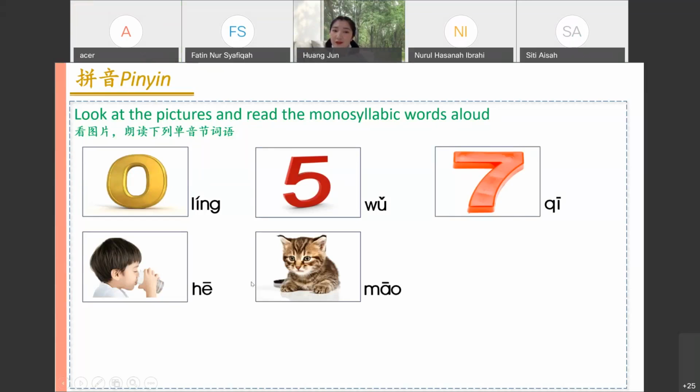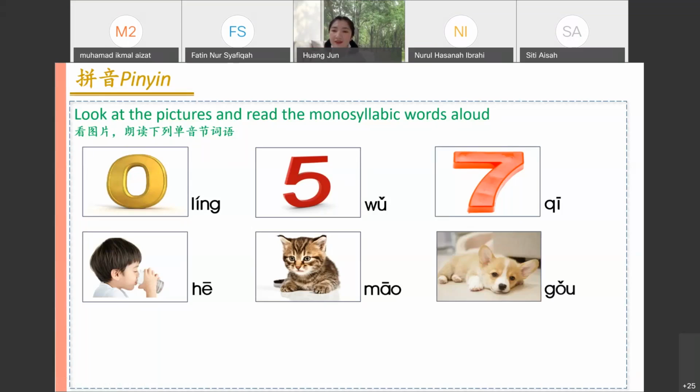You already said the tone, right? Cat? 猫. Read it in a longer voice, okay?